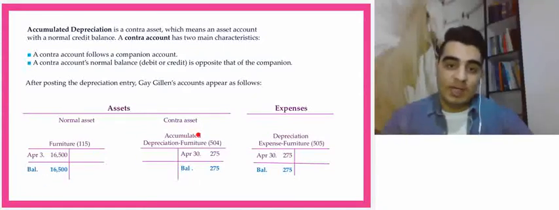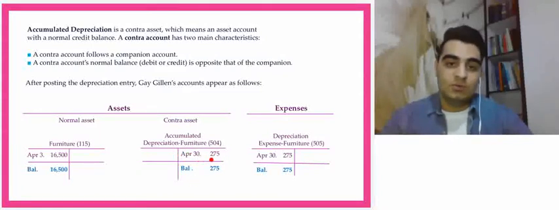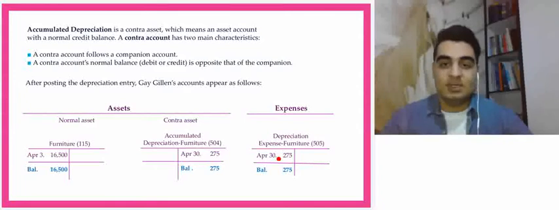But for the contra asset, which is a replacement for our normal asset, called accumulated depreciation for furniture, we credited $275 on April 30 for our adjustment entry. And as for our expenses, we debited $275 because it's an expense and it increases.